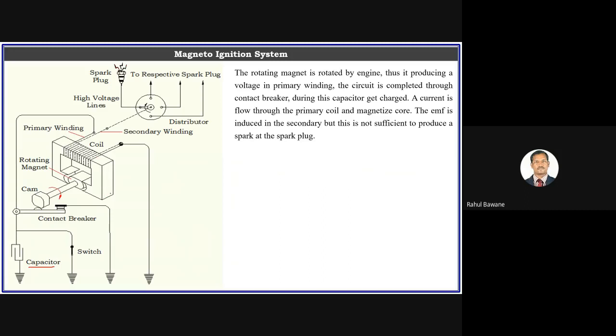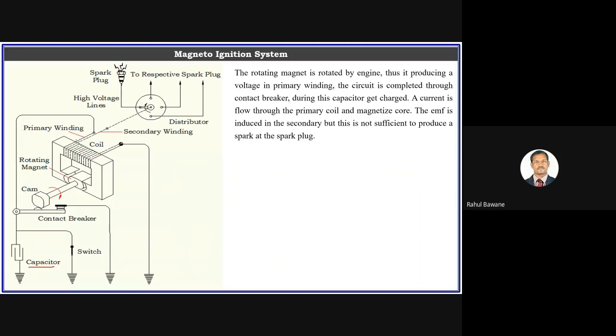But this magnetic field generation rate is not enough to produce a high voltage in your secondary winding. So it is not enough to produce a spark. But when this contact breaks, that means this primary circuit breaks, your magnetic field starts collapsing. The magnetic field is due to this primary current.